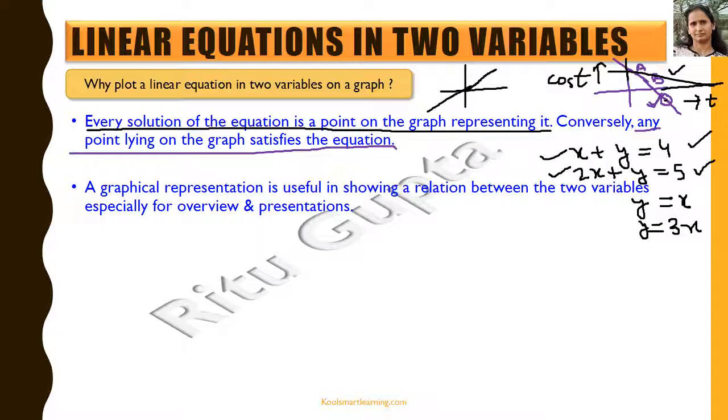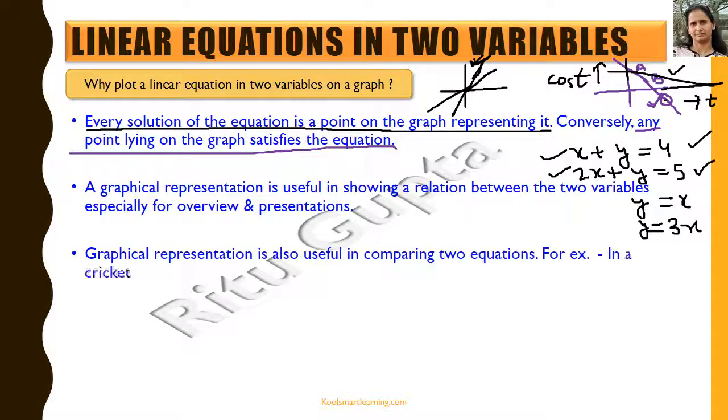But for y equal to 3x, the graph would be more steep. So if you're talking about profits that are increasing as shown by the graph where y is equal to 3x, this is a better scenario to have. For a business, the profits are increasing faster. So this graphical representation gives you a better overview.